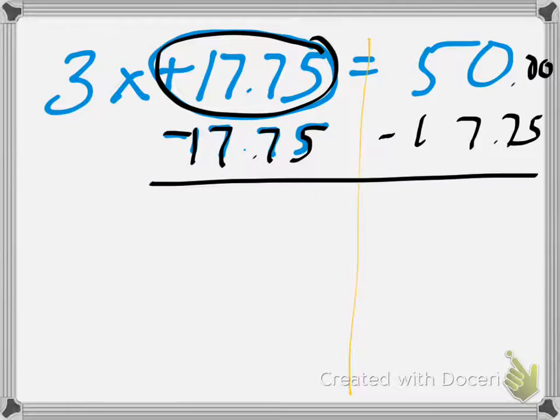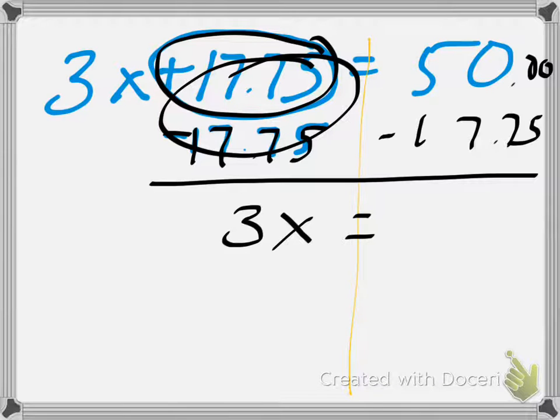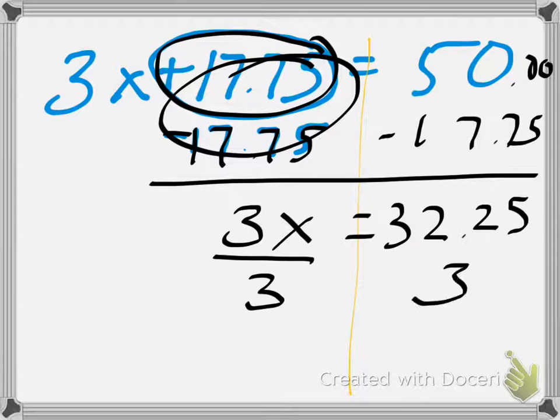So now plus 17.75 minus 17.75 cancels to 0. Anything plus 0 is itself. So this just becomes the 3x. This right here, when we subtract, we're going to get 32.25.